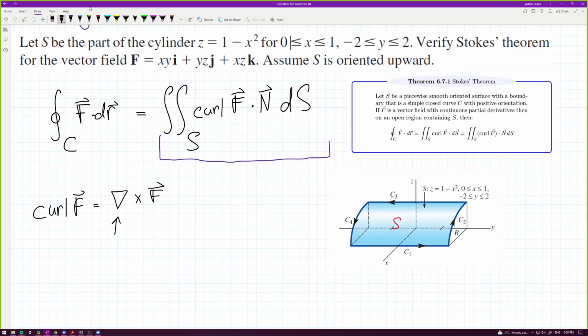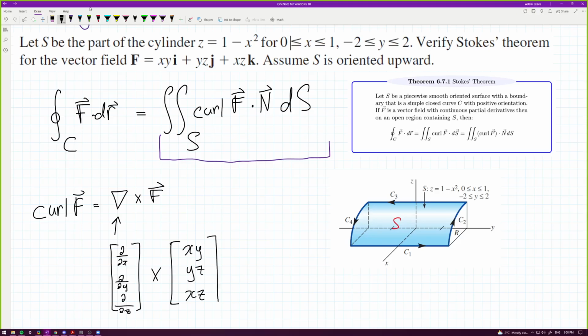So that is the vector. Now, this is partial x, partial y, partial z, and I want to take the cross product of that with my function, which is xy, yz, xz, and that's going to be the curl.